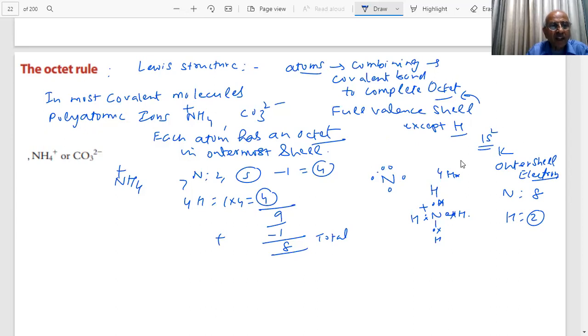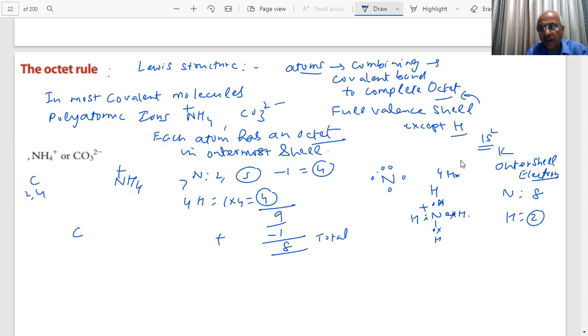So what will happen in the case of CO3 2 minus? If I have CO3 2 minus, student, carbon is 2, 4. Maximum carbon can have how much?